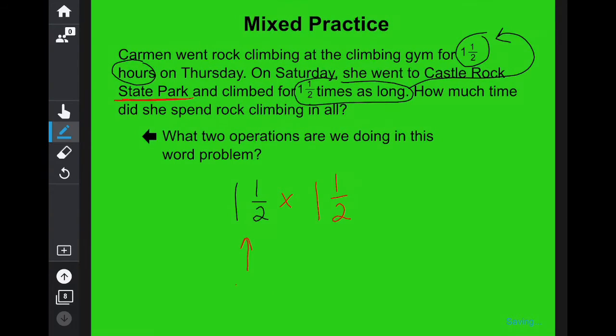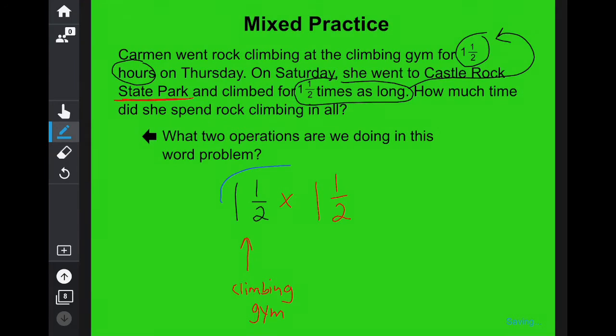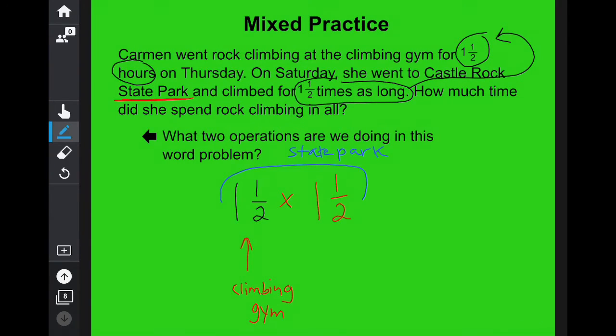So she climbed this amount at the climbing gym. However, this product is going to tell us how much time she climbed at the state park. So I need to multiply 1.5 by 1.5.